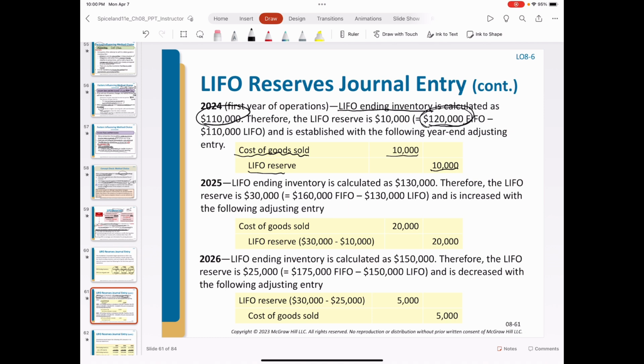By using this journal entry, we recognize actual cost of goods sold because LIFO cost of goods sold is greater than the FIFO cost of goods sold. And this will reduce the book value of inventory. So we credit LIFO reserve. This is a contra account to the inventory.